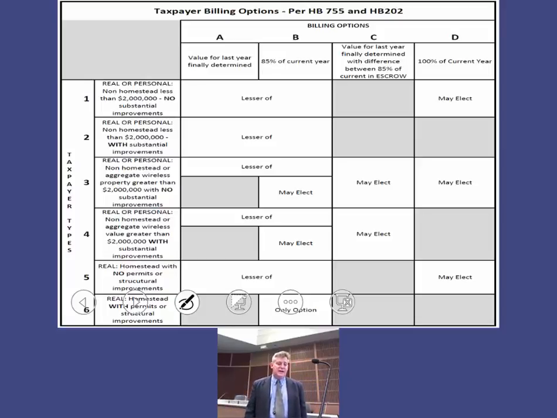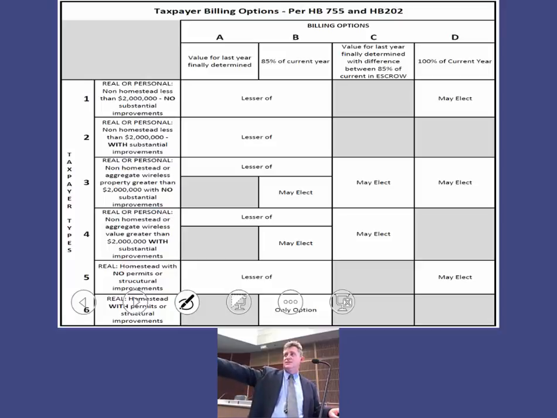And here, again, I'm going to be hesitant to talk about all this, but if you do temporary tax billing, the real general rule is the tax bill should technically be based on the lesser of the prior year not under appeal, most recent year not under appeal, or 85% of the current year value.